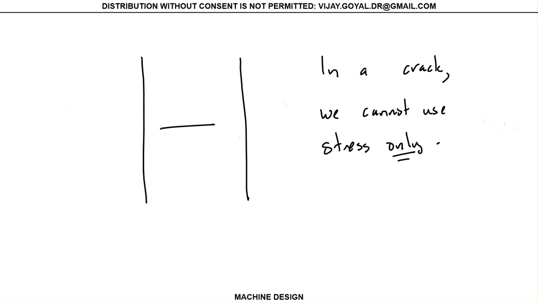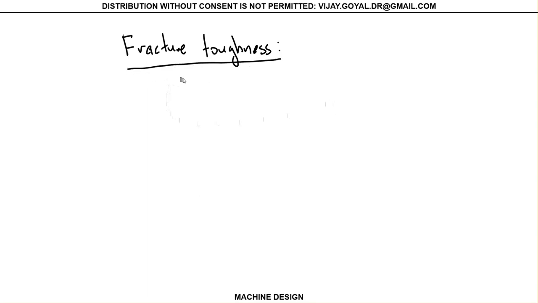Okay, so what are we going to do then? Instead of using stresses, we have something that we call fracture toughness. And what is fracture toughness? Fracture toughness is a new quantity that we denote by the letter K. And this K is not the stress intensity factor.